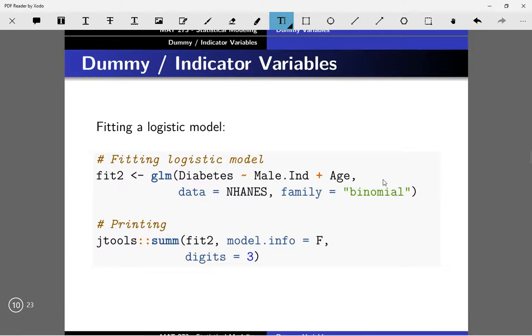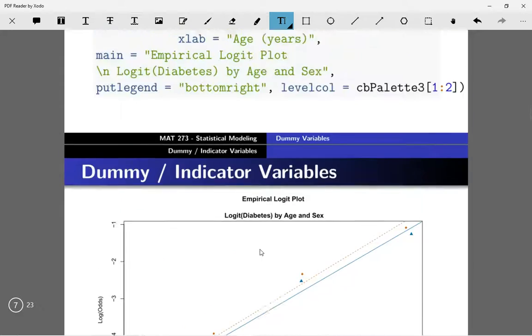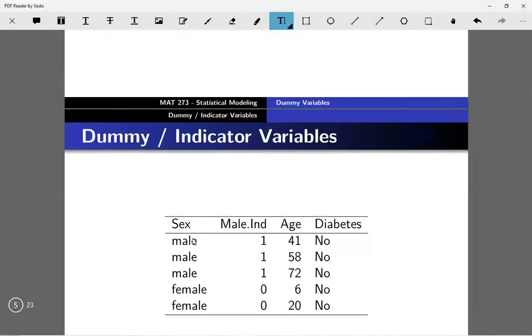All right. So now looking at it a different way. If we remember back to the table that I showed, we had this column that was for the sex of the person. That's what we just used in that logistic model. I'm showing what would happen if we included this as a continuous predictor called male.ind, for male indicator, for a person being male.